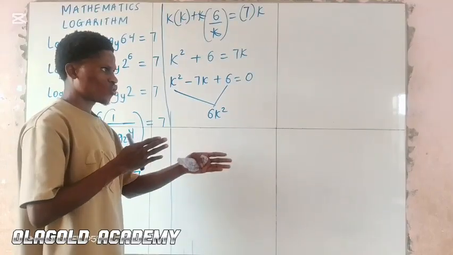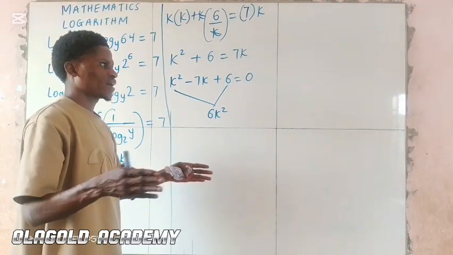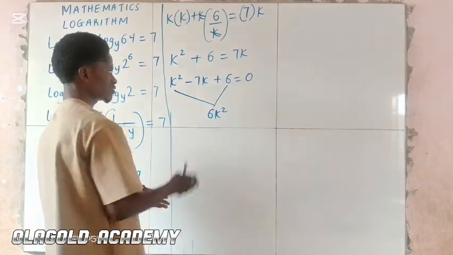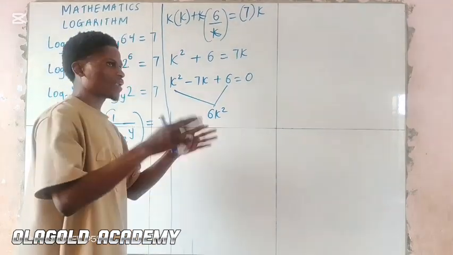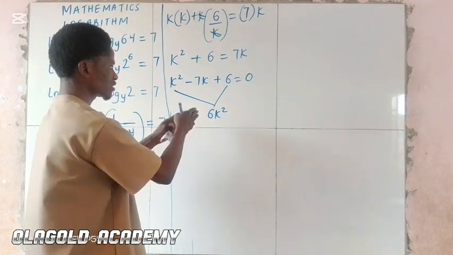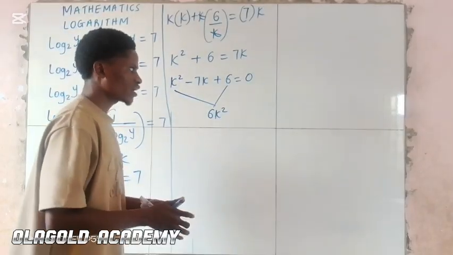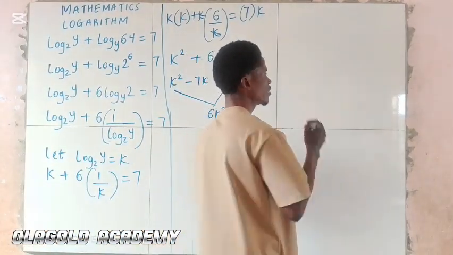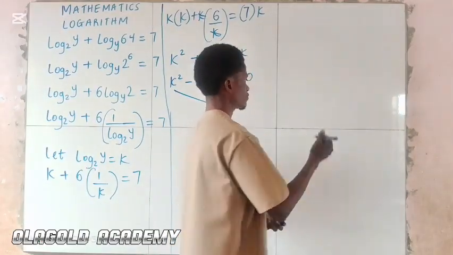I'm going to get two numbers that when I add them together, I get minus 7k, and if I multiply them, I get 6k squared. The two numbers are minus 6 and minus 1.